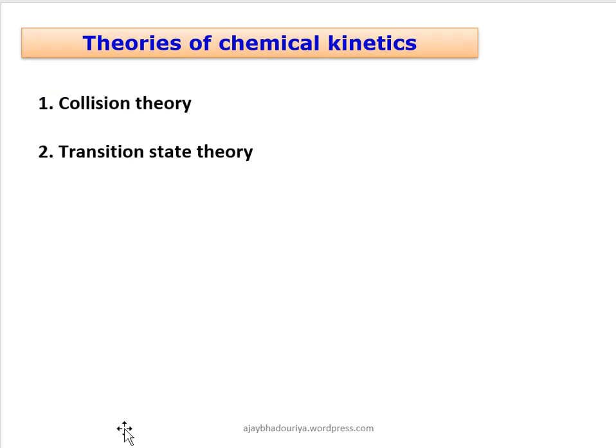Now there are some theories of chemical kinetics. There are mainly two theories. The first theory is the collision theory and the second theory is the transition state theory.